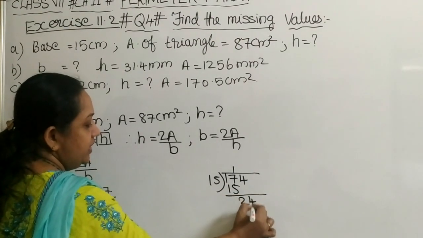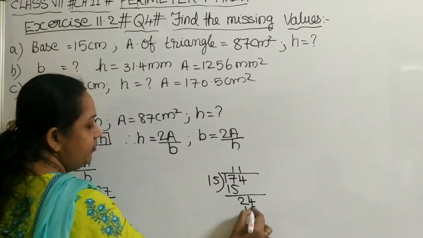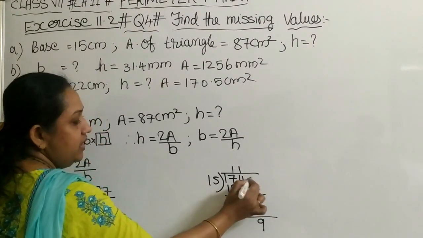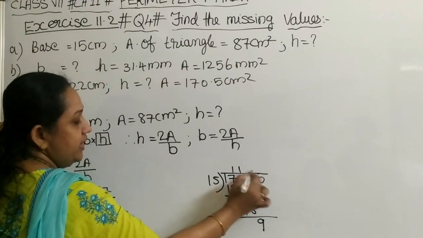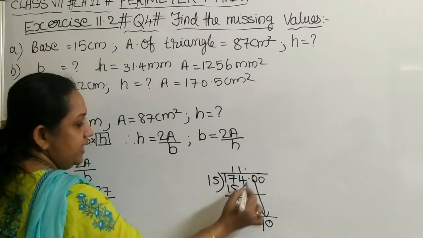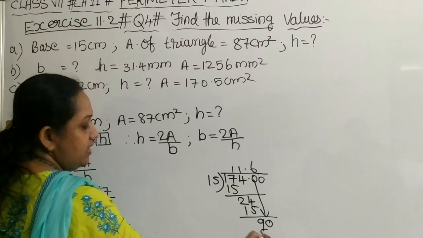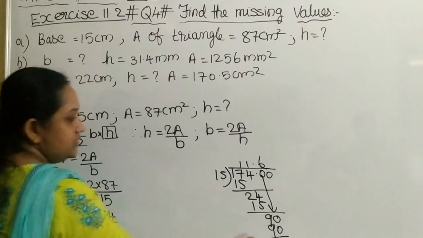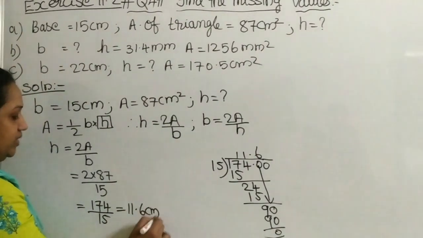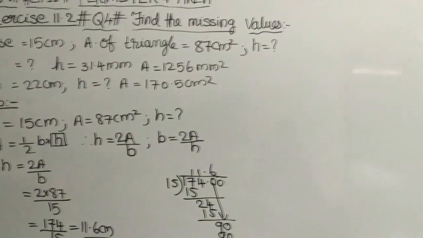Here it is coming 24, again one time 15. Here it is coming 9. There is no number, so we can put a point and put the 0 here. If we bring 0 down, it is 90. 15 6s are 90. So the answer is coming 11.6 centimeter, which is the height of the triangle.